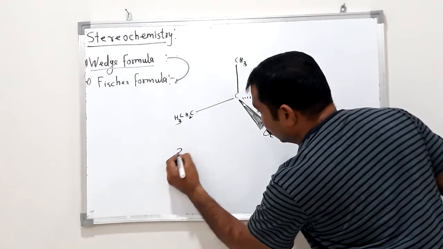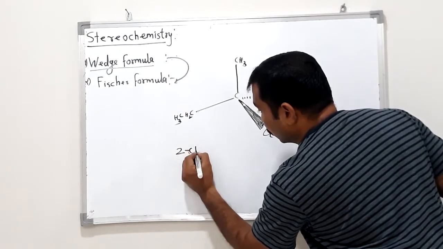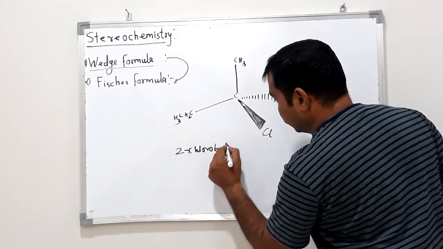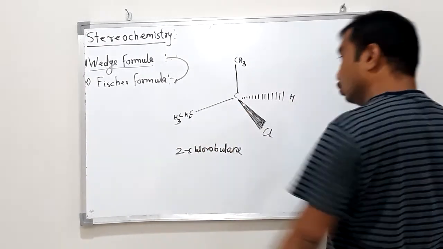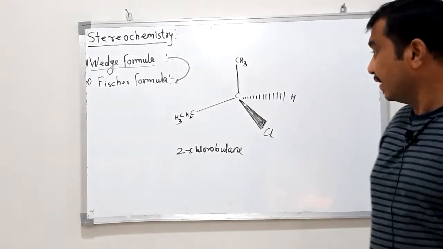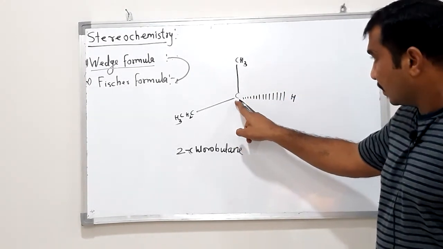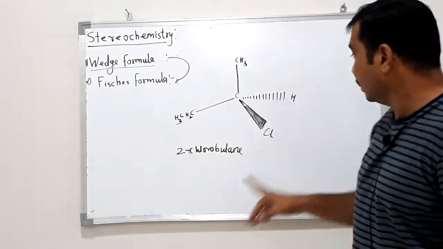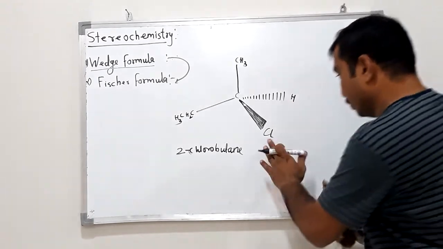That is 2-chlorobutane. Okay, the name of the compound is 2-chlorobutane. And to this carbon a methyl group is attached, an ethyl group CH2CH3 is attached, hydrogen is attached and chlorine.